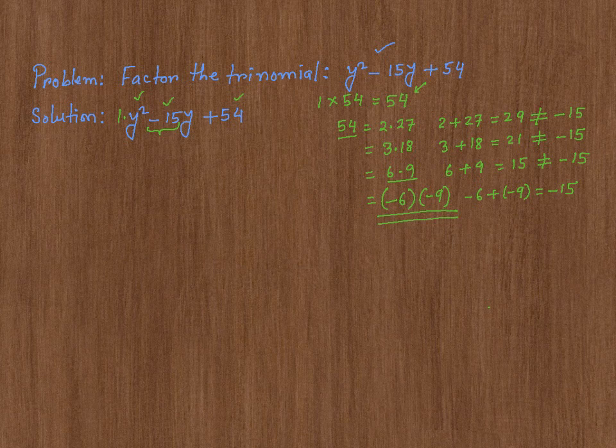Now, the reason we do that is that we take the middle term negative 15y and break it down into two terms. So let's do the following: y squared, then minus 15y, I'm going to write it as negative 6y minus 9y, then plus 54.